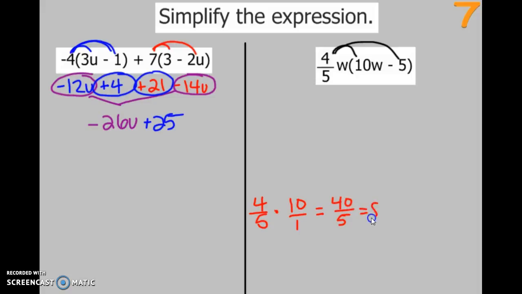So 40 divided by 5 is 8. And then still multiplying here, w times w is w to the power of 2, or squared. So all I really did is multiply the top, 4 times 10 is 40, and divide by the bottom, 5. 40 divided by 5 gave us 8.